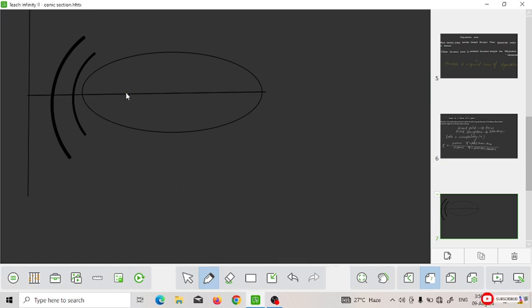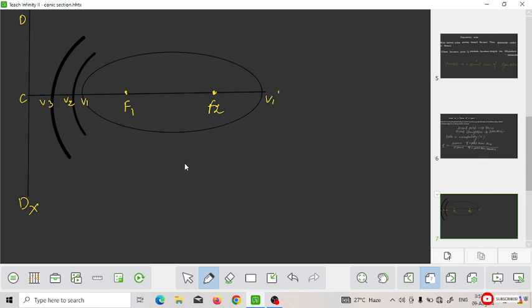Let's name this point: this is our focus, F1, and this is another focus, F2, and the line is given by DX, that means this line is called the directrix, and this point is C, and this point is V1, this is V2, this is V3, and this is V1 dash.